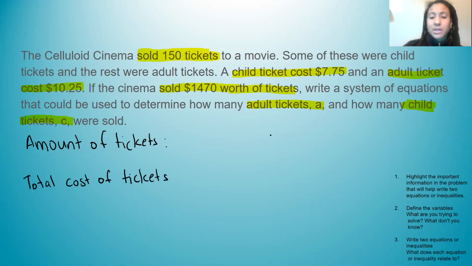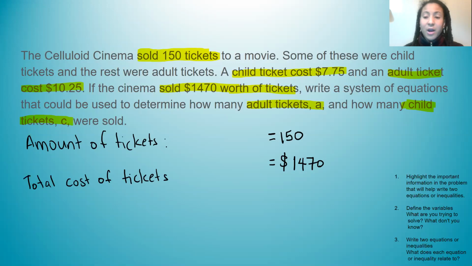So we know it's going to say equal to 150, okay? And then when it says total cost of tickets, we know we're going to have a total dollar amount, which is 1,470.